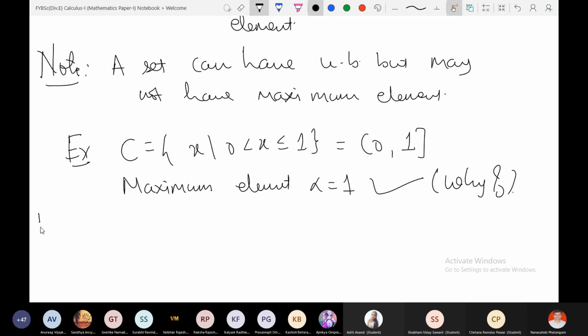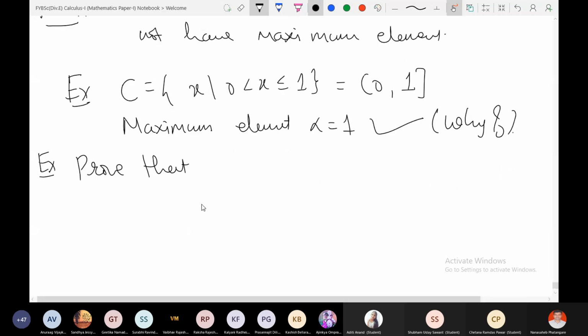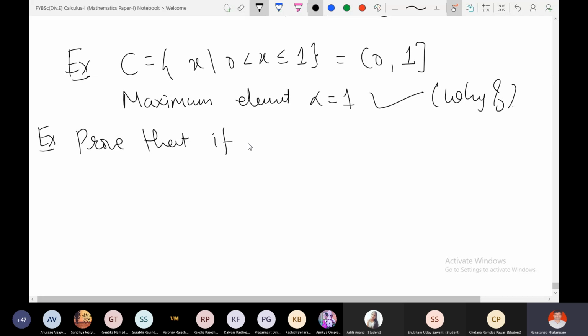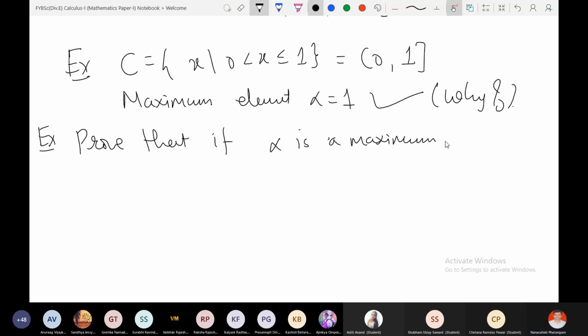Now, if alpha is a maximum element of A, or if a maximum element exists, then alpha is an upper bound.